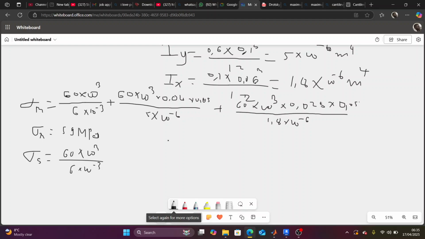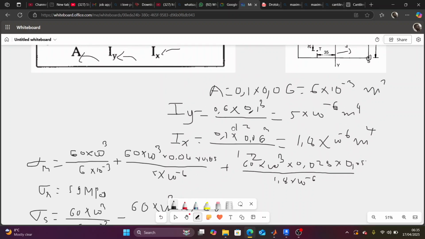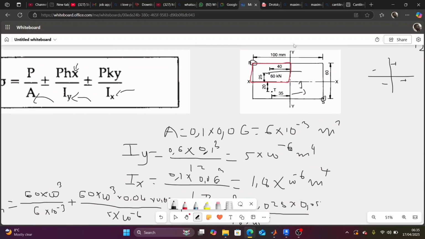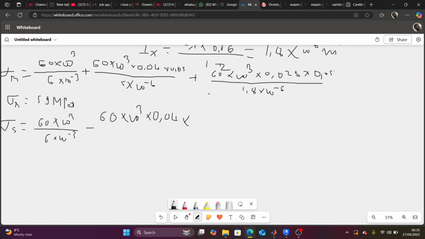But it is the same expression that we have here. 60 times 10 to 3 times 0.04 times, okay, now again, the distance of your x here is simply where your point S is to YY, and that distance is also again 50. You can see all from 0 to 50, so that's why it's the same expression as the other one.